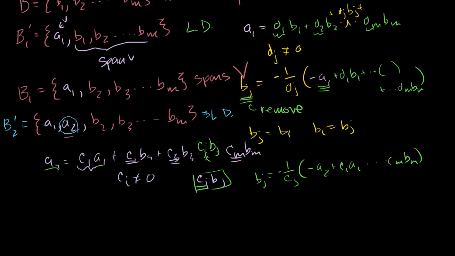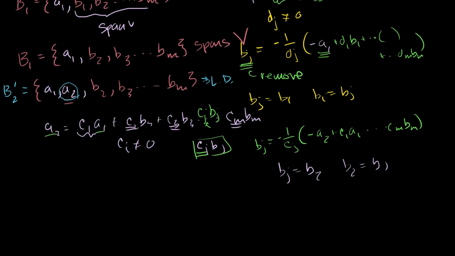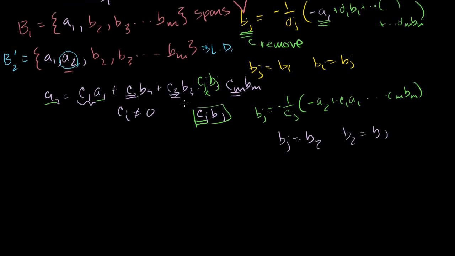Before I take him out of the set, I'm going to rename him, solely for notational simplicity. I'm going to rename our bj as b2, and our b2 is equal to bj. I'm just rearranging the names. And I'm going to remove what I now call our b2. It was whatever was out here that could be represented as a linear combination of everything else, including our new a2.